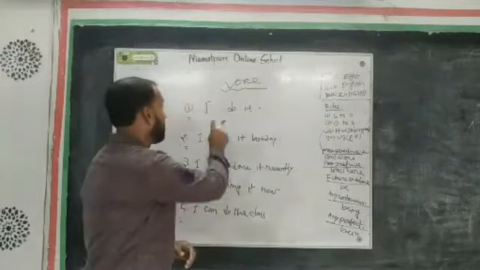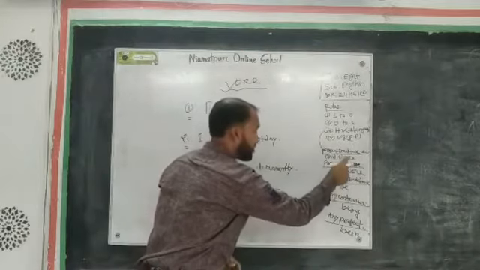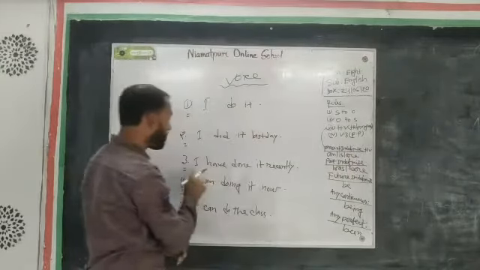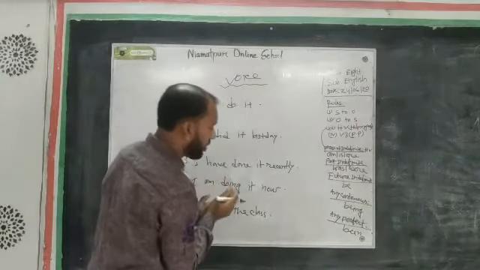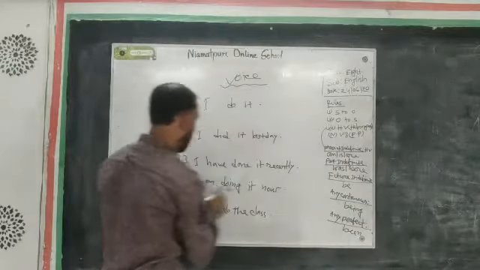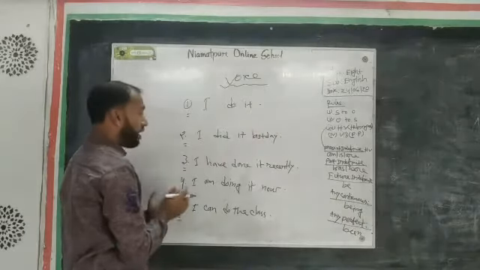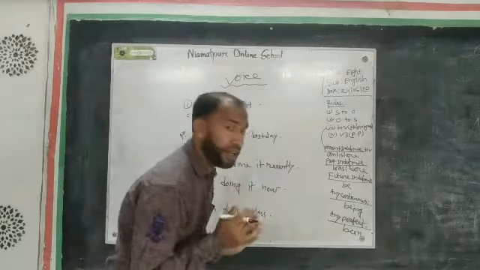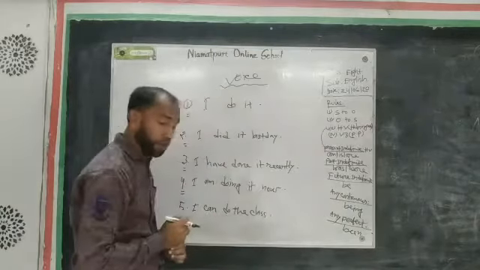Number 1 sentence says, I do it, this is present indefinite, so the helping verb am, is, are is needed. And past indefinite, I did it last day, the helping verb was, were is needed. In any type of perfect tense, usually been, and in any type of continuous, usually being, and in future indefinite tenses, be is used.